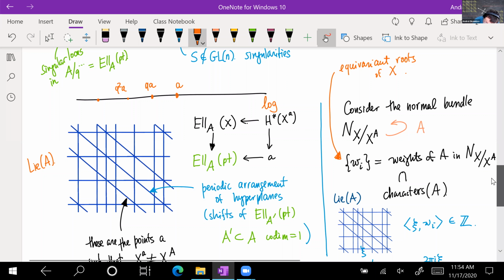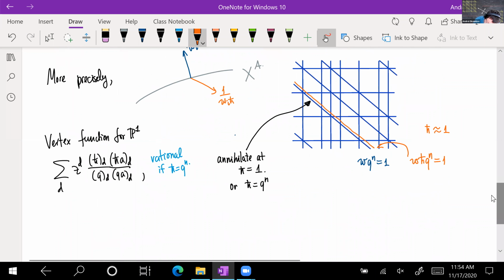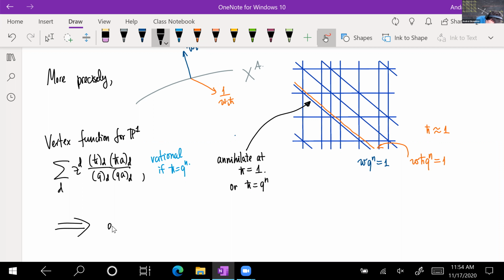And then on the Kähler side, when we come to the Kähler side, there will be Kähler roots.